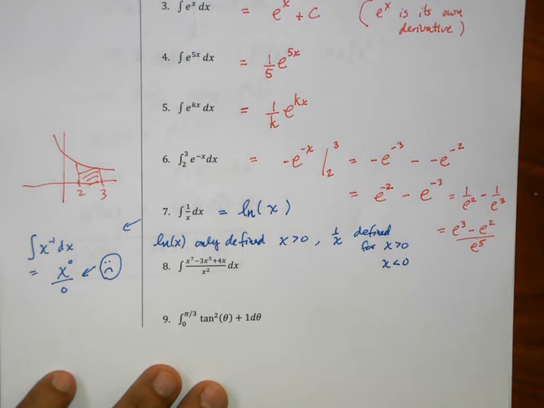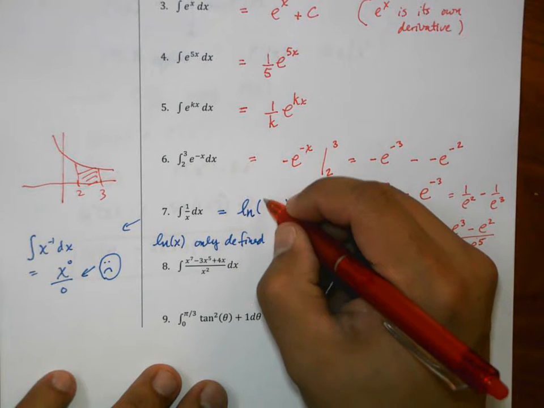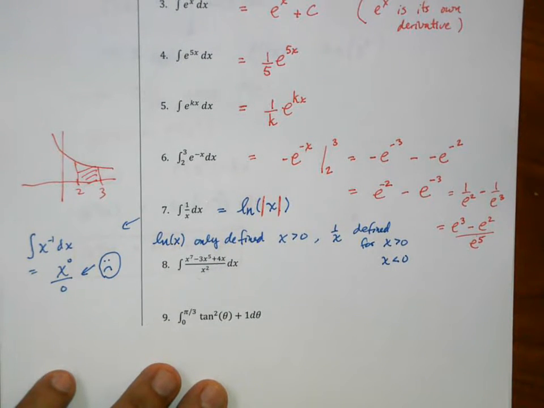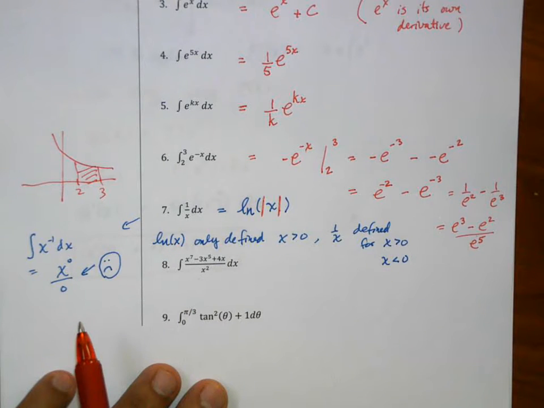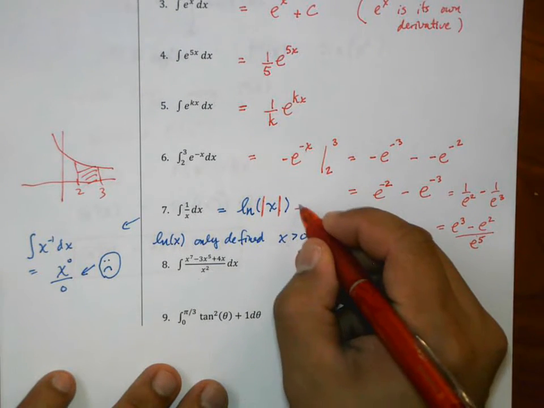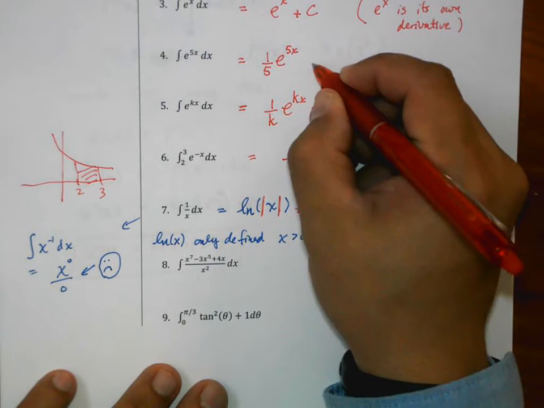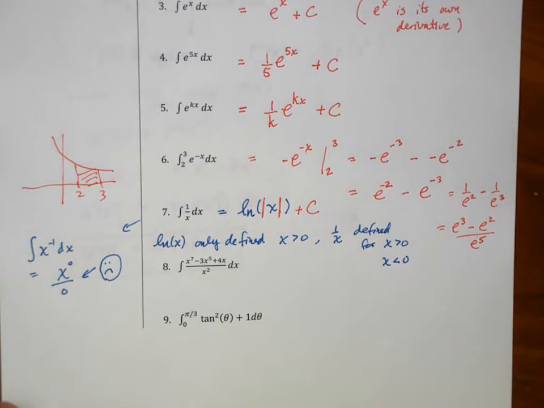So we have to make sure that these adjustments get made, and this absolute value symbol has to apply, because it's really natural log of x for positive x values and natural log of negative x for negative x values, plus a constant. Ooh, I forgot my constants up here. Hopefully you thought of that. Okay.